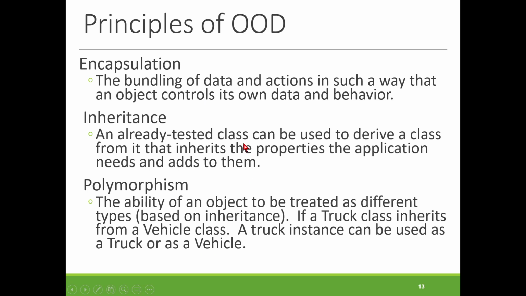Inheritance. Inheritance is a way in which an already tested class can be used to make a new class from it that inherits the properties the application needs and adds to them. One example of this might be if we have a student class. We might then create an undergraduate student class and a separate graduate student class, both of which extend the student class.